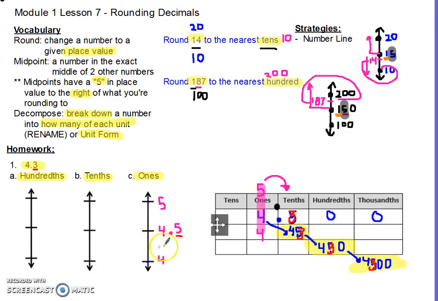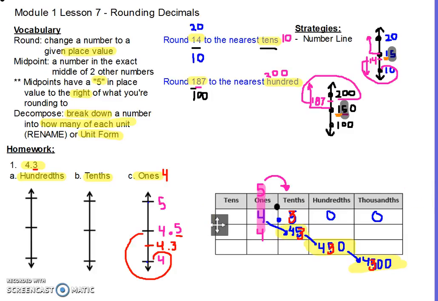And since 3 is less than 5, we're going to place our number down here, 4.5. Oh, I'm sorry, 4.3. Okay, and then we know any number that is below this midpoint is going to be rounded down to 4. So if we're rounding 4.3 to the nearest ones, we are rounding down to 4.